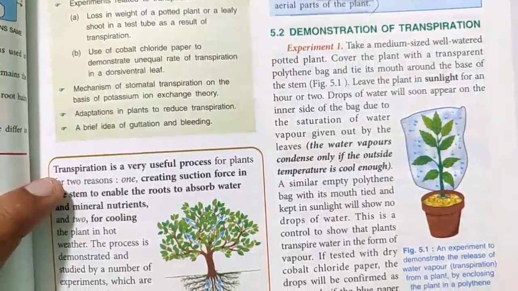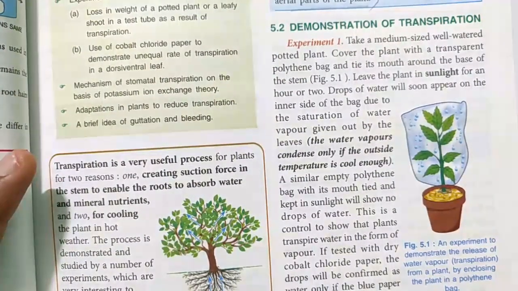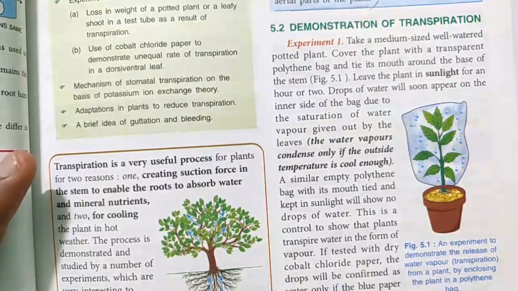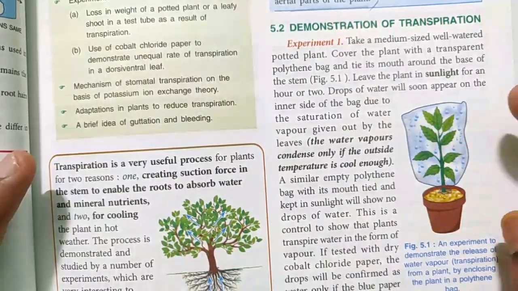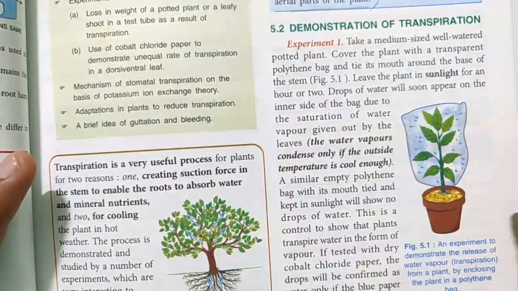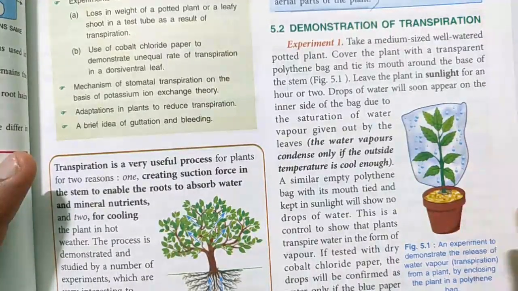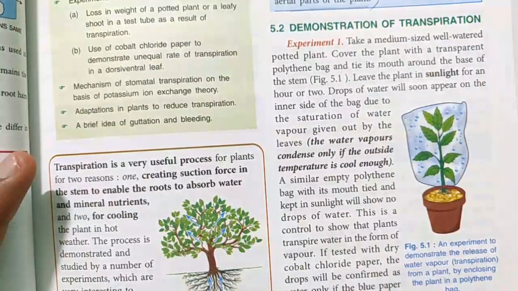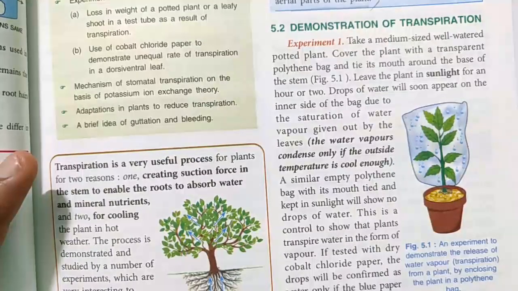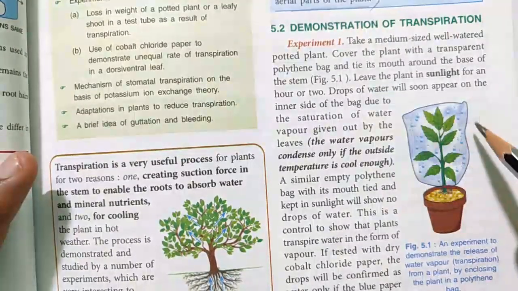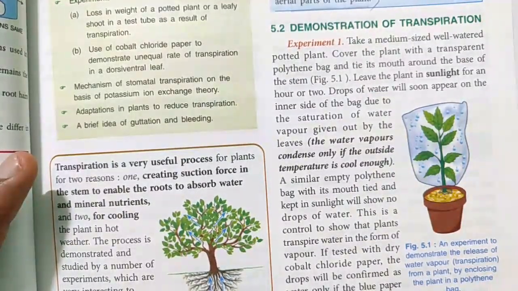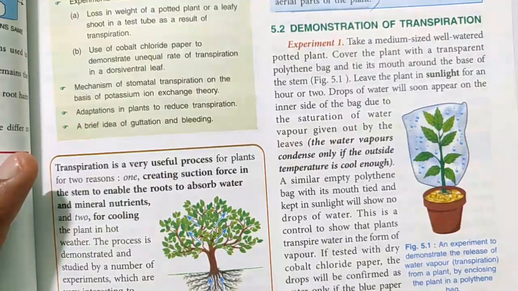Now here a demonstration of transpiration is given, and you can learn the whole paragraph. However, I am giving the main summary of this experiment. See here, a setup is given in which a plant is placed inside a pot, and this plant is covered with a polythene bag. Now why is the plant covered with the polythene bag?